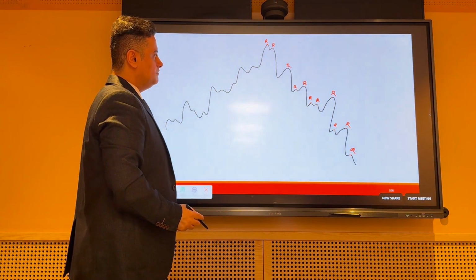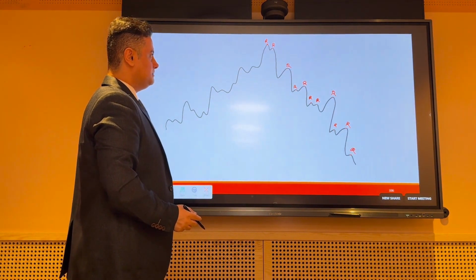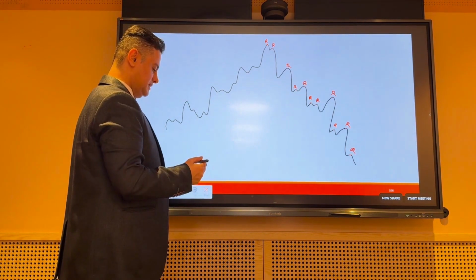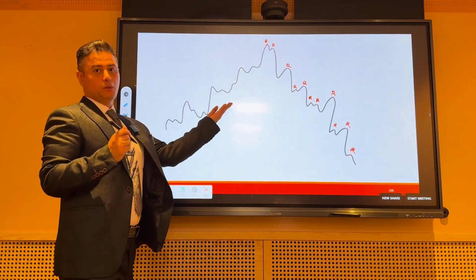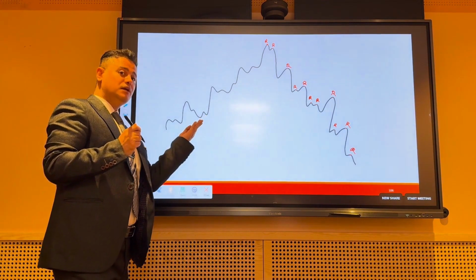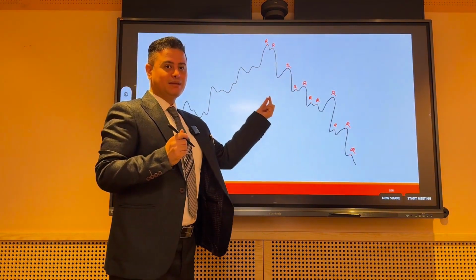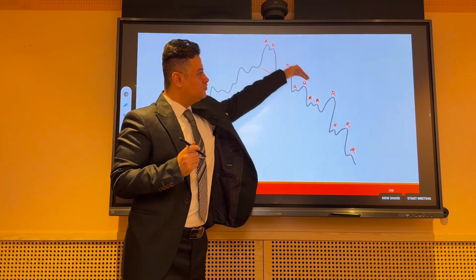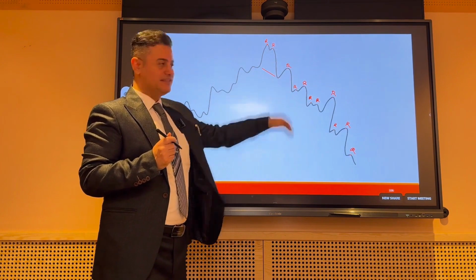Once you have found the resistance points, you then proceed to actually draw the trend line. Notice that in the ascending channel, our trend line was at the bottom, which was created from the connection of supports. But in the descending channel, the trend line is the one at the top, created from the connection of resistances.